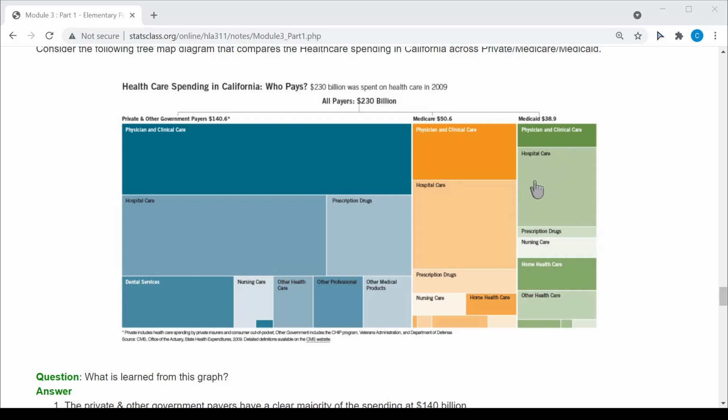Also in Medicare, I can see that the hospital care tends to be the biggest box as well. So certainly broad comparisons of area can be done, okay, but not smaller comparisons. So are these two boxes really different sizes here? Other professional and other medical products? I can't really tell because area is not a very good way to compare values.